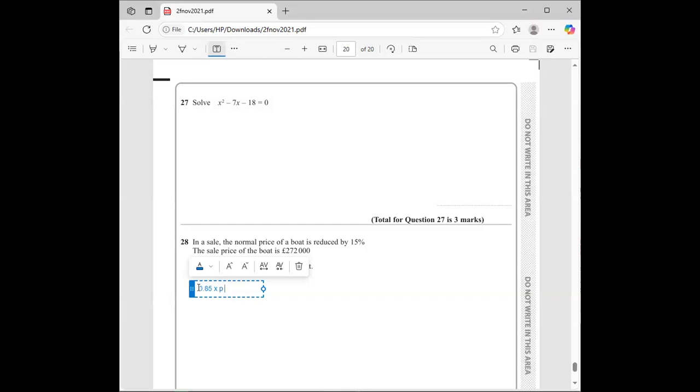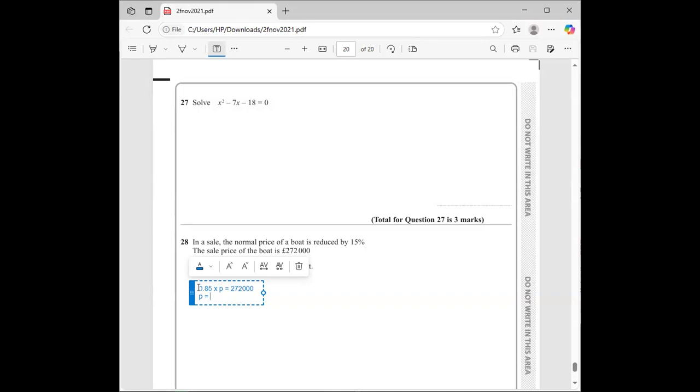So 0.85 times the normal price will be equal to 272,000. So the question now is, what is P? So what should we do to both sides to find P? Divide them by 0.85. Exactly, divide them by 0.85.